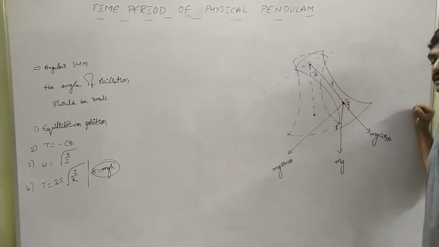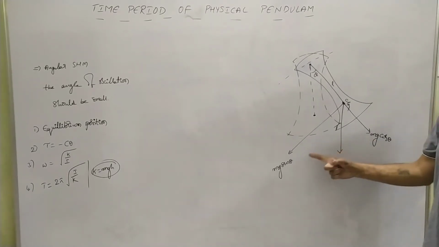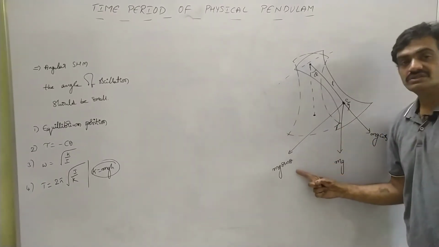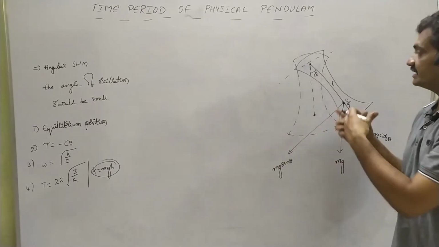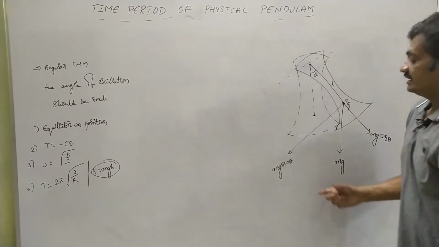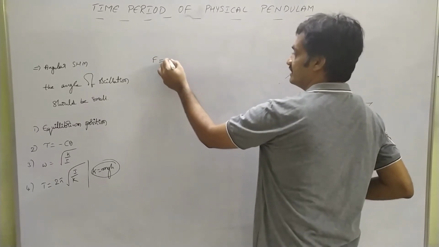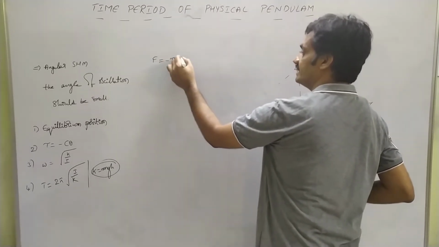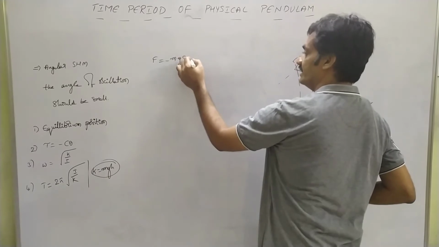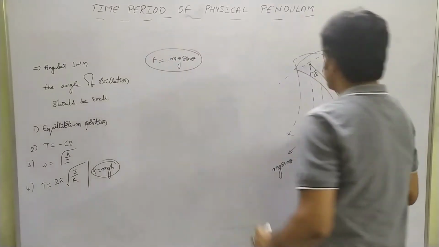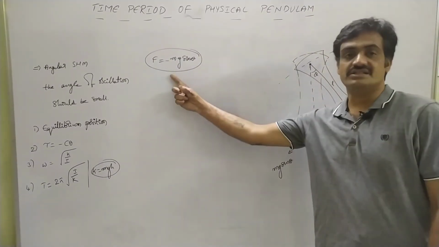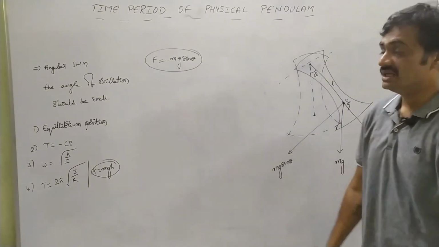Using this force itself the pendulum starts oscillating by an angle of theta. Now the restoring force is given as F equals minus mg sin theta. In the case of the physical pendulum we represent the restoring force as F equals minus mg sin theta.